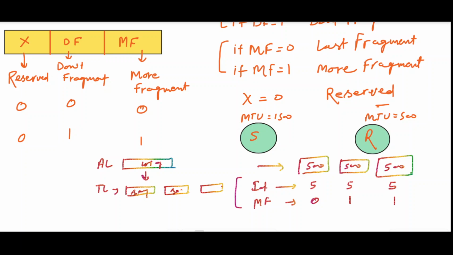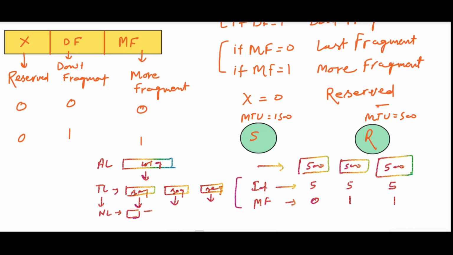This is a segment. Clear? Now this segment is handed over by the transport layer protocol and is received by the network layer protocol, the IP header. Now here each segment is again fragmented on the basis of the MTU size of neighbor devices.